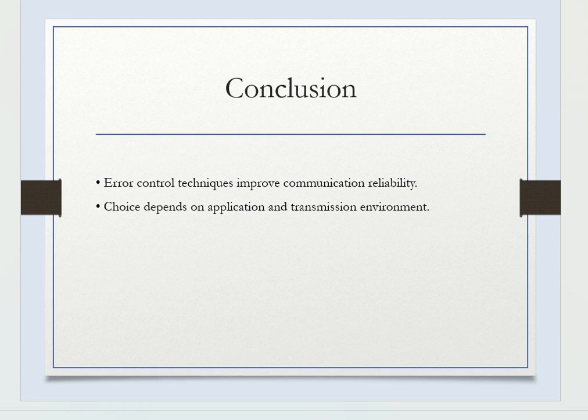Error control is a fundamental part of computer networks that ensures data is transmitted accurately and reliably despite noise, interference, and hardware faults. By using techniques like error detection and error correction, networks can maintain data integrity, improve performance, and support critical applications. Understanding these concepts helps build a strong foundation for deeper learning in networks and communication systems.